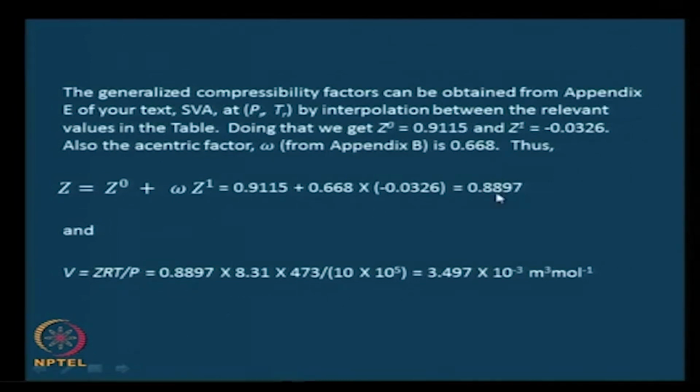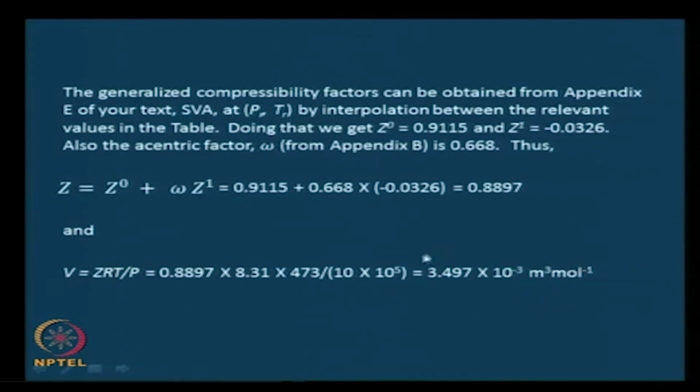Z we have found as 0.8897, R of course is 8.31, T is 473 Kelvin, that is 200 degrees C, and 10 bar is 10 power 6 Newton per meter squared, 10 into 10 power 5. If you do the calculations, it will turn out to be 3.497 into 10 power minus 3 meter cubed per mole. So, that is the molar volume.